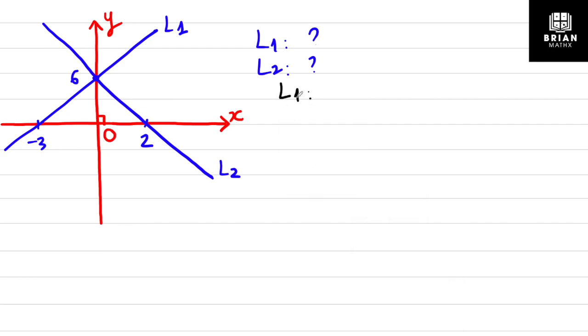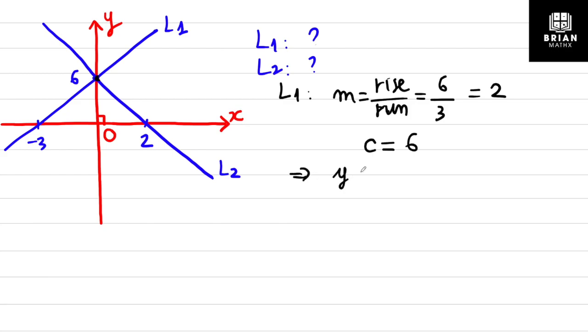About line 1, it means this line, an increasing line. So m equals rise over run. Rise is 6, run is 3, equal to 2. And an increasing line has a positive gradient. C equals 6. So for line 1, you will have 2 multiplied by x plus 6.